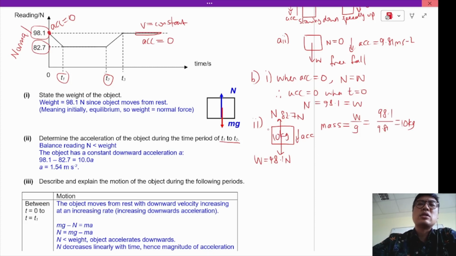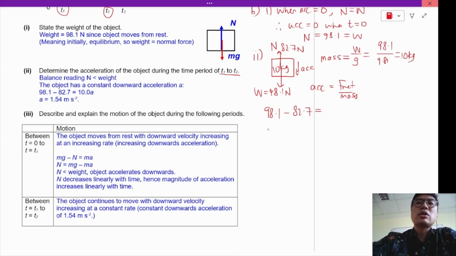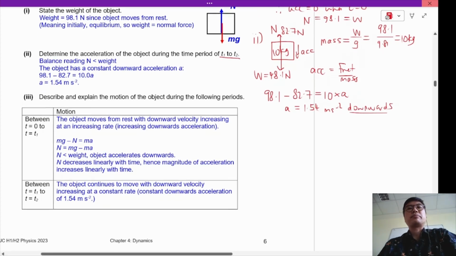So the acceleration will be the net force divided by the mass. How do we find the net force? Very easy. The net force will be 98.1 minus 82.7, and the net force will cause the mass to accelerate. So the acceleration will therefore be 1.54 meters per second squared downwards. Now remember, acceleration is a vector, so please write the direction of the vector.